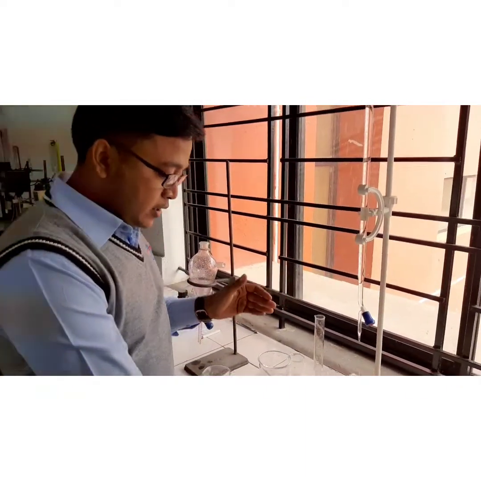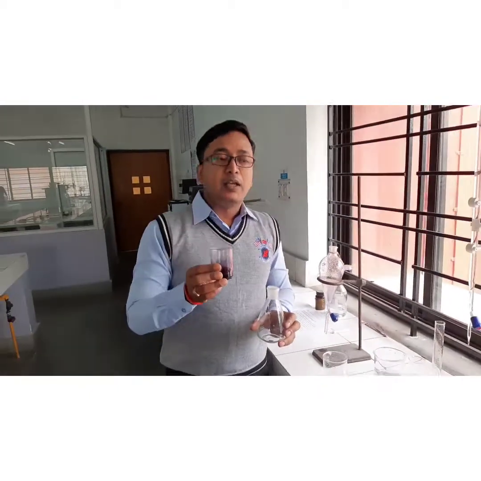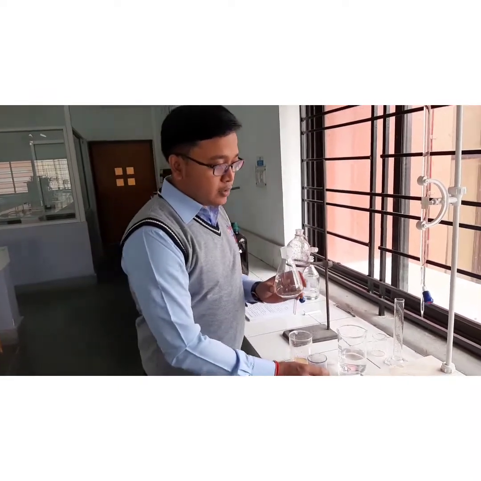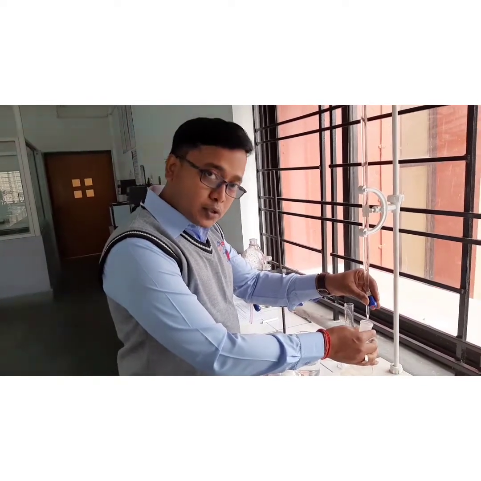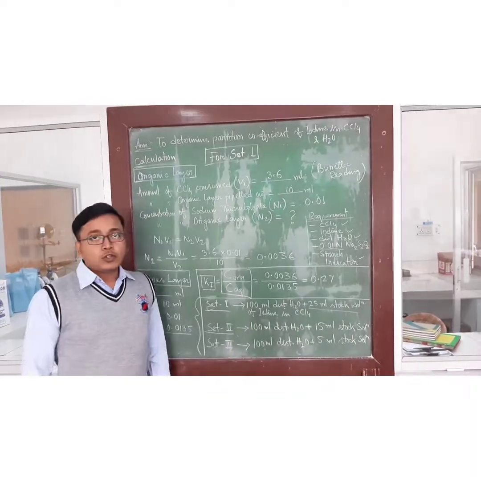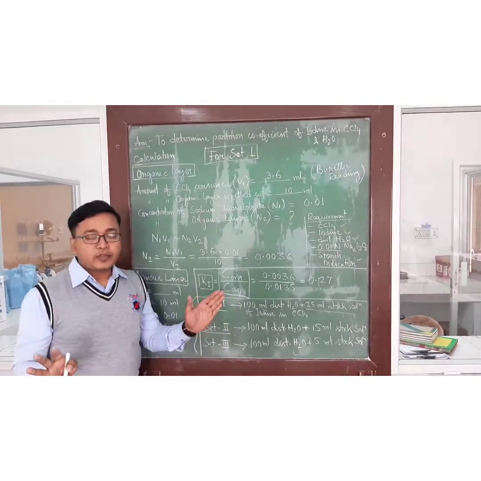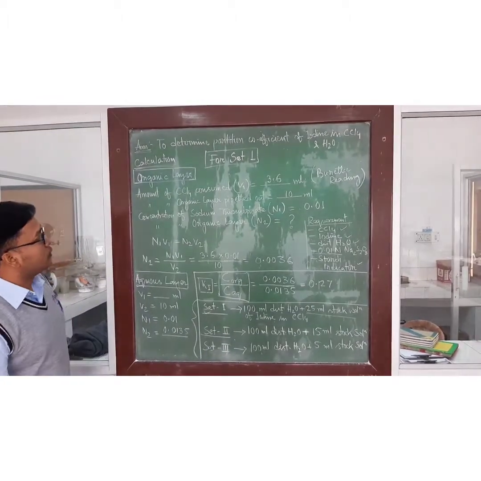In the same way, you have to take 10 ml organic layer. Again, you have to add starch indicator and go for titration against 0.01 normal sodium thiosulfate solution. Stop. So, we have completed the titration part. Now we got the burette reading. Now we will go for calculation, how to calculate the partition coefficient value.